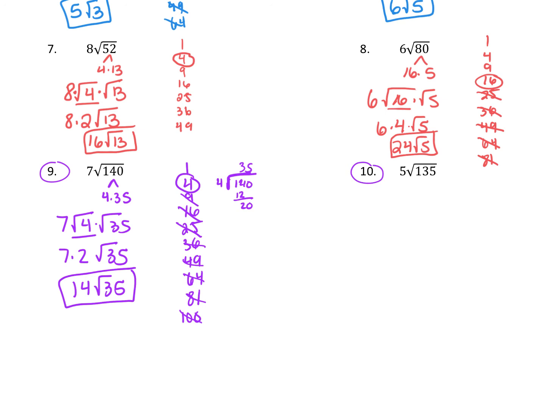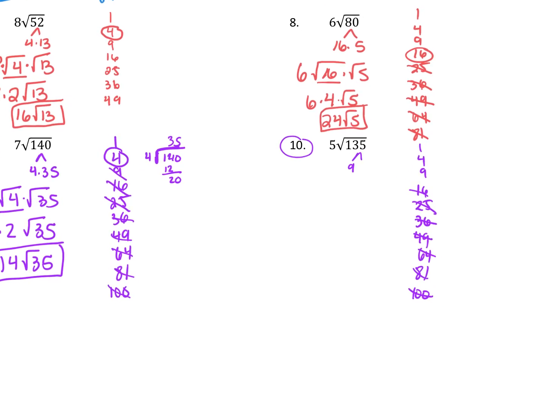All right, 135. 1, 4, 9, 16, 25, 36, 49, 64, 81, 100. All right, so these do not work. 25 also doesn't work. 16 doesn't work. 9 does work.